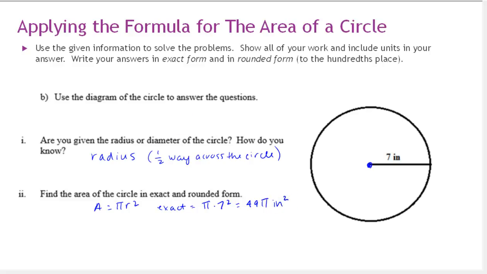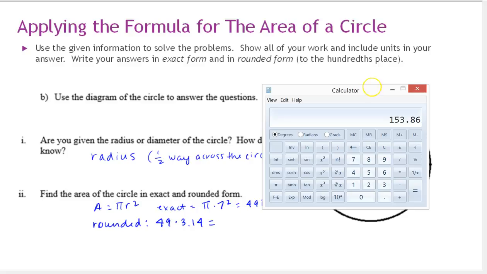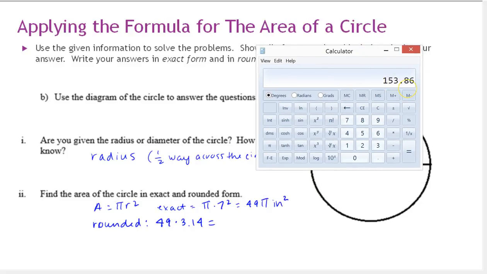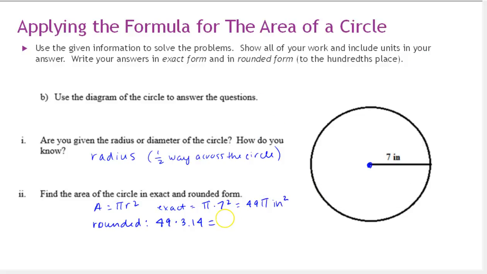Okay, so in rounded form, we're going to approximate with 3.14. And we should have this value still on the calculator. 49 times 3.14 is 153.86 inches squared. Okay, let's look at the next one.